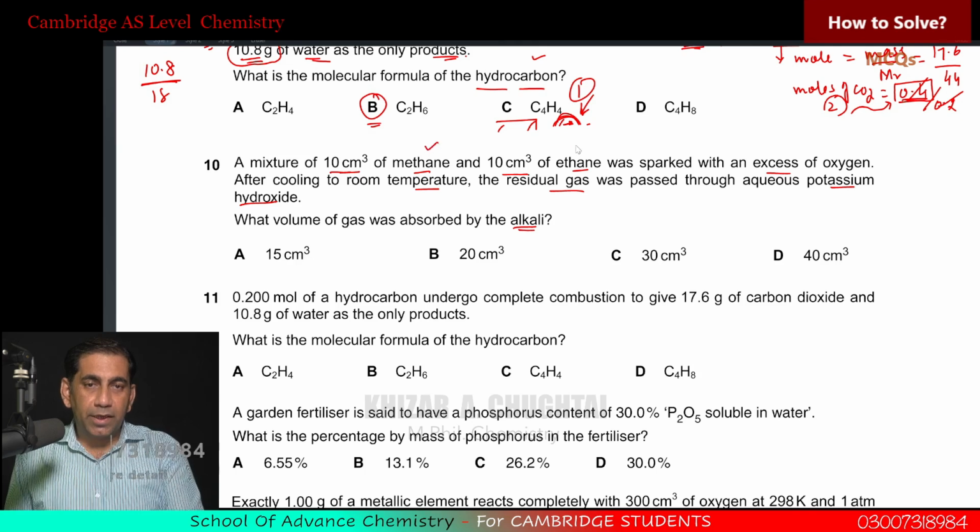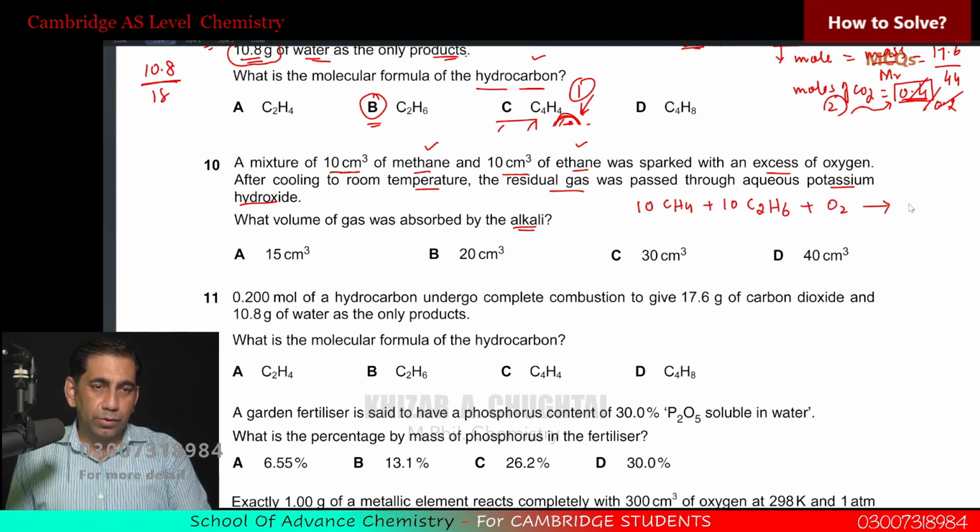A combustion reaction once again: methane plus ethane, and here the volumes are given. So 10 centimeter cube of methane, CH4, plus 10 centimeter cube of ethane, the formula is C2H6. They are supposed to combust completely to give CO2 and H2O. So how many moles of carbon atoms are there?